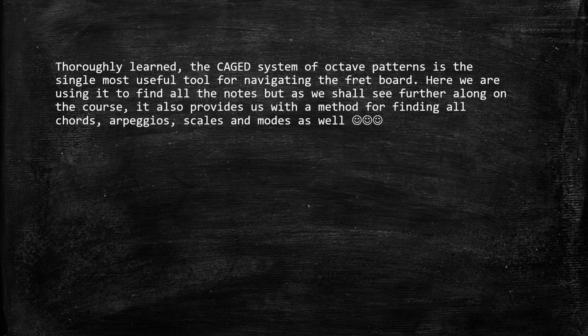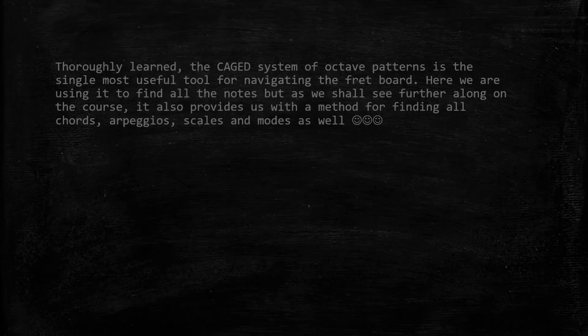Thoroughly learned, the CAGED system of octave patterns is the single most useful tool for navigating the fretboard. Here, we're using it to find all the notes, but as we shall see further along on the course, it also provides us with a method for finding all chords, arpeggios, scales, and modes as well.